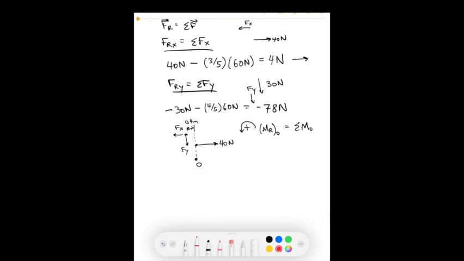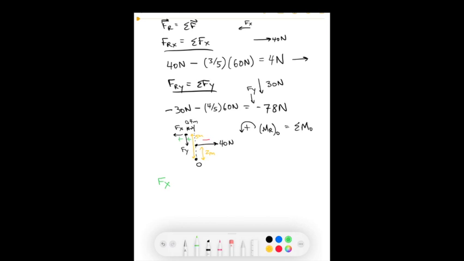We have 2 positive and one negative, according to what we call positive. First, let's do the positives. So we see that the x component times the distance. Well, what's the distance? This distance is 2 meters, and this distance is 5 meters.